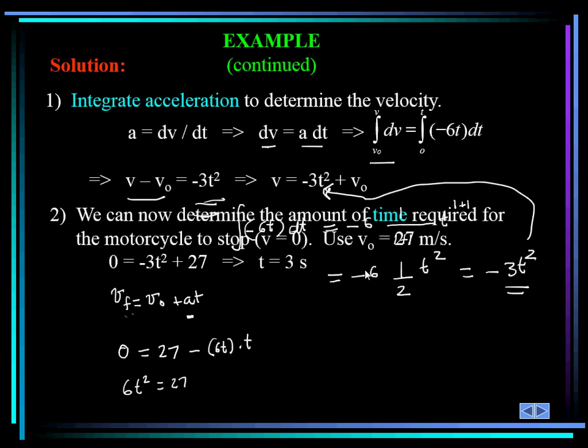This came from the previous one, knowing that the velocity was minus 3t squared plus 27. So this is 3t squared equals 27.